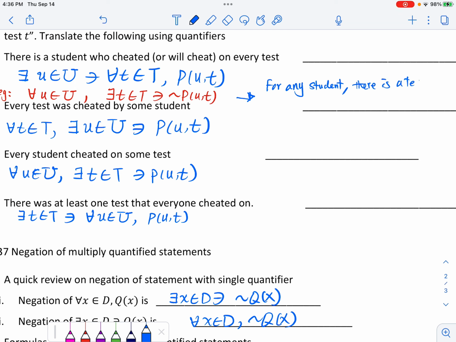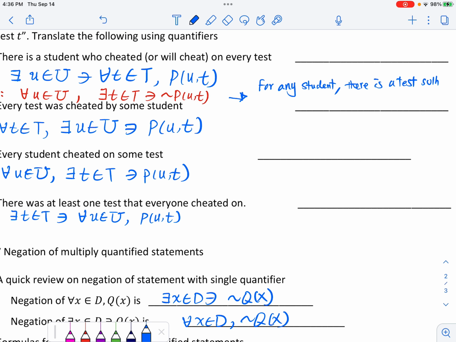for any student that you pick, we are going to say not P of (u, t).